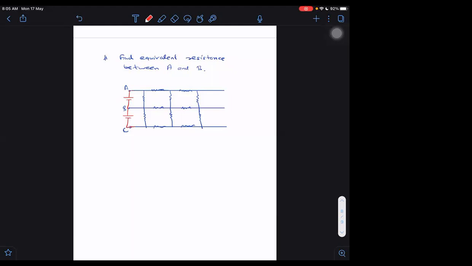Let us connect one more battery here, not this way, but instead with negative here and positive here. It will send current I by symmetry. And what current will it take out? 2I. Is that right or not?